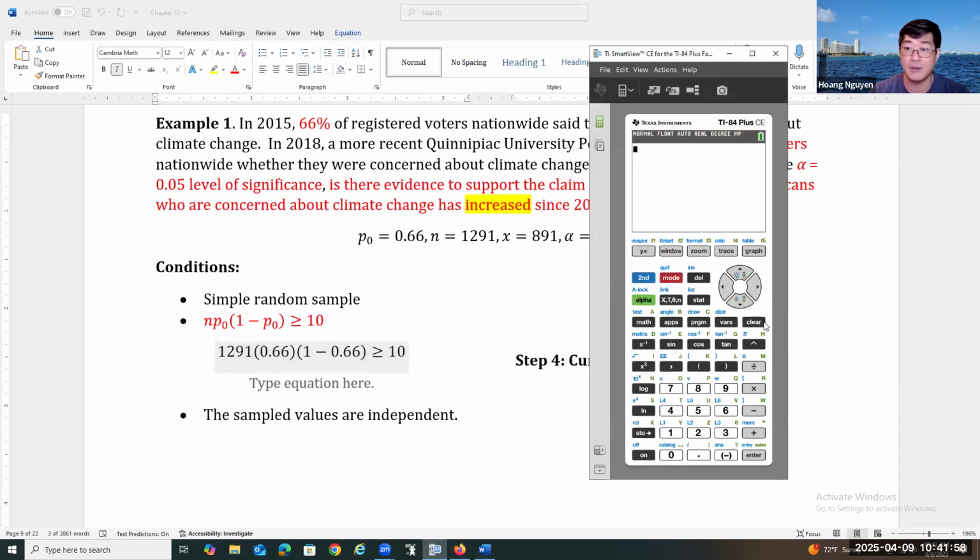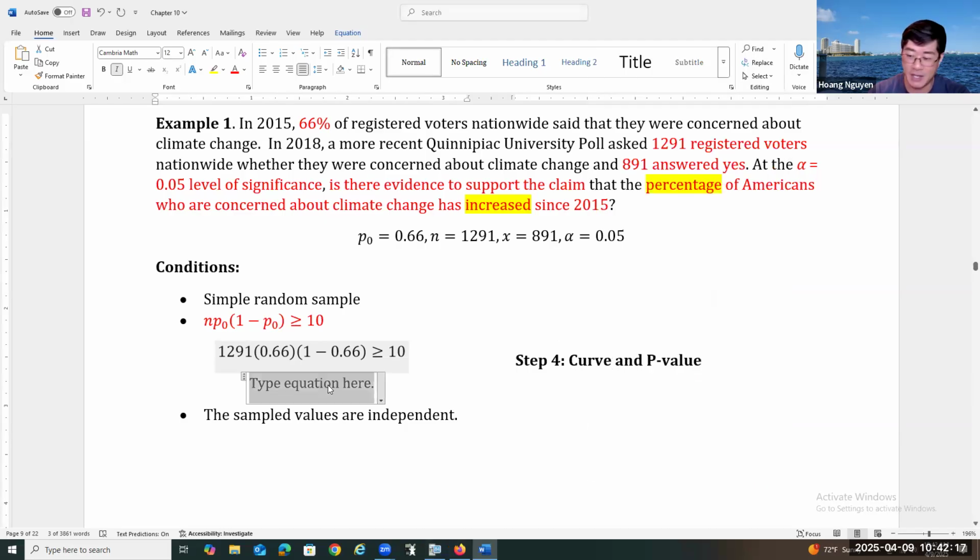So we have 1,291 times 0.66, and then times parenthesis 1 minus 0.66. That's going to be 289.7004, which is more than or equal to 10.